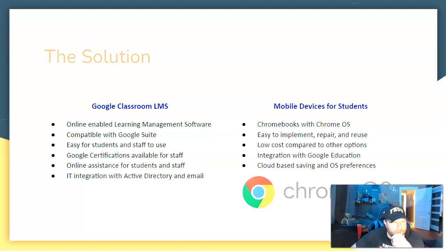It's built for that. And with cloud-based saving and OS preferences, should a student have issues with their device or need to move to another device, it's seamless. They can pick it up, log into their account. Everything they have is right there. So this is very user-friendly, and honestly, like I said, I think it's the best option to go with.